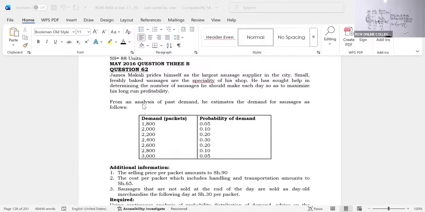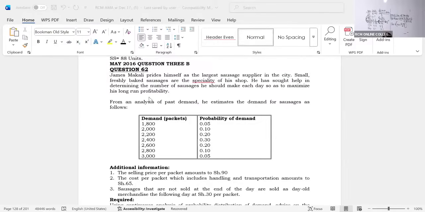So we are told here, James McCarley prides himself as the largest sausage supplier in the city. Small, freshly baked sausages are the specialty of his shop. He has sought help in determining the number of sausages he should make each day so as to maximize his long-run profitability.